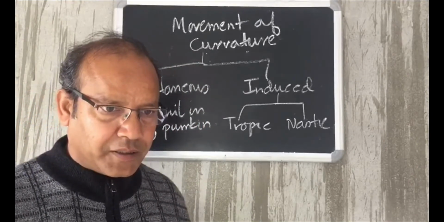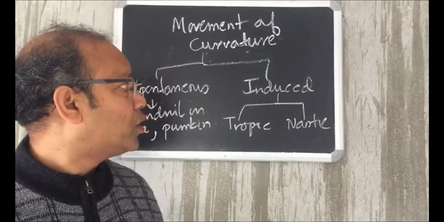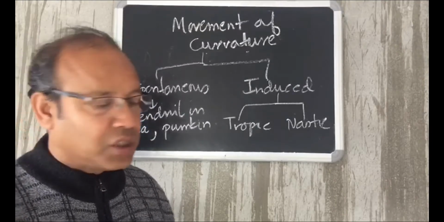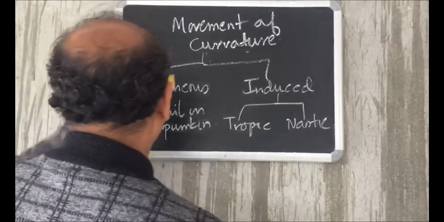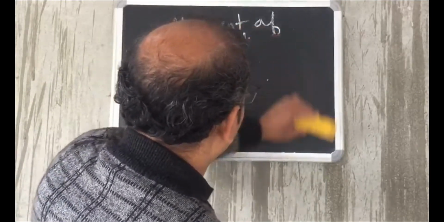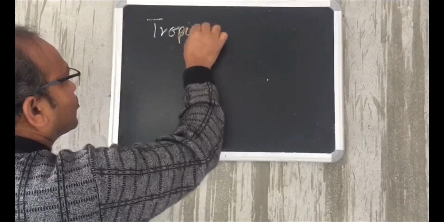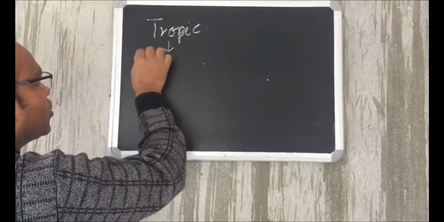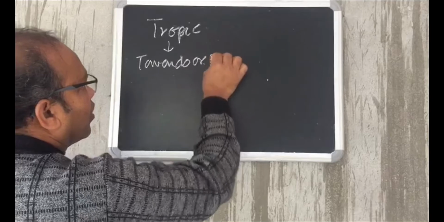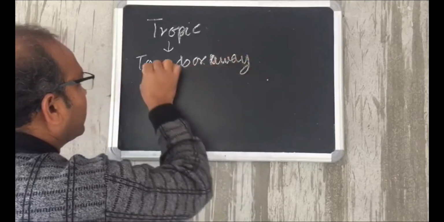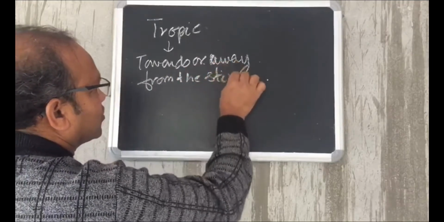Tropic movement is always towards or away from the stimulus. So it is directional. It depends upon the direction. Tropic movement is towards or away from the stimulus.